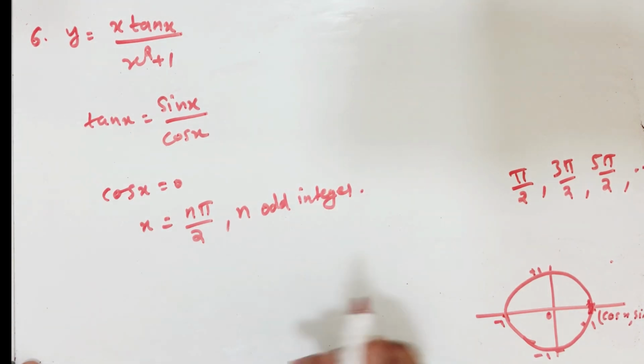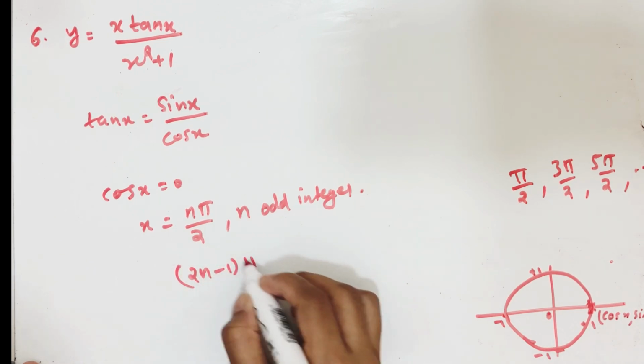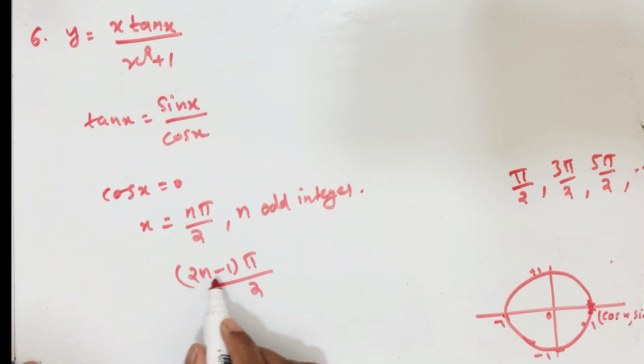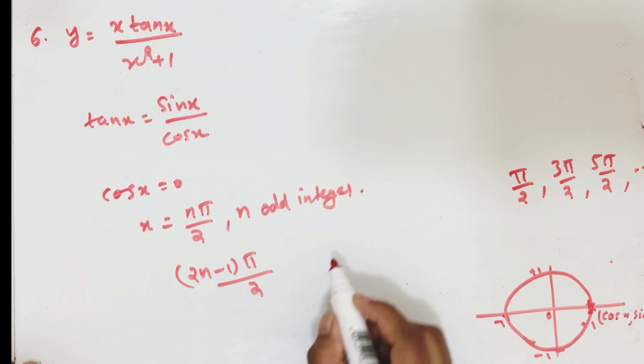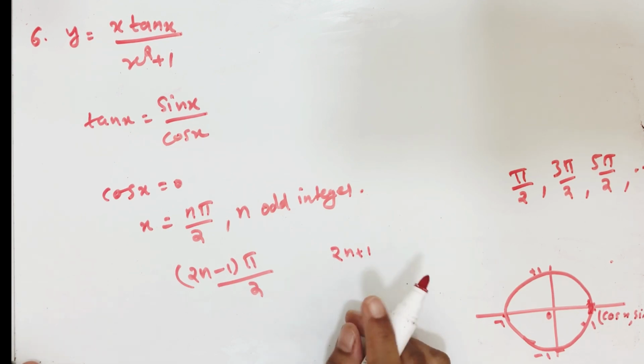Or, for an odd integer, we can express it in the form 2n minus 1 pi by 2 or 2n plus 1 pi by 2. When n equal to 1, 2n minus 1 pi by 2 is pi by 2. When n equal to 2, 3 pi by 2, like that. Or 2n plus 1, when n equal to 0, 2n plus 1 is 1, like that.